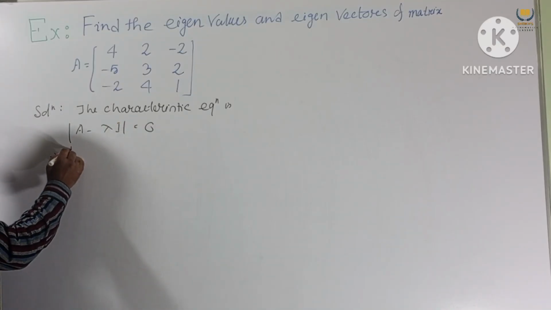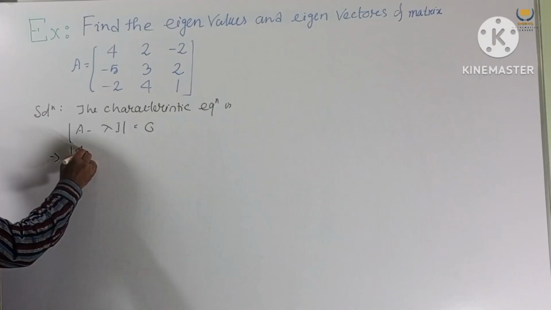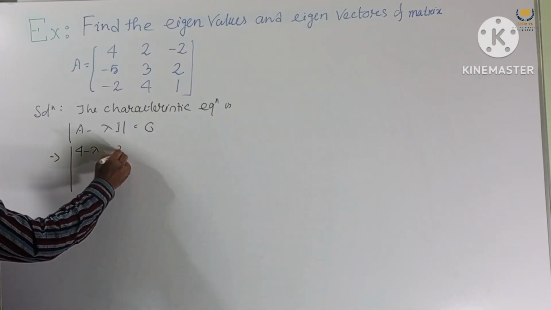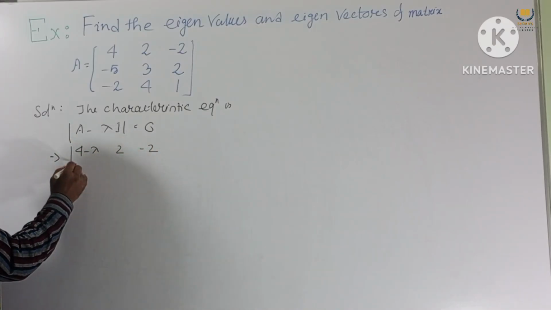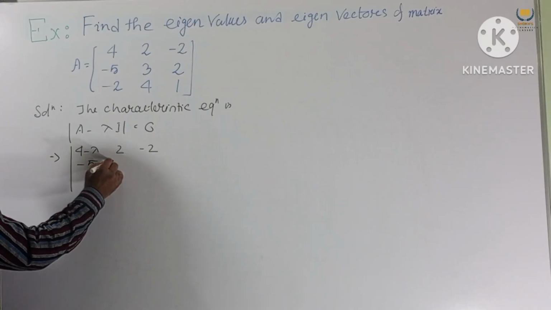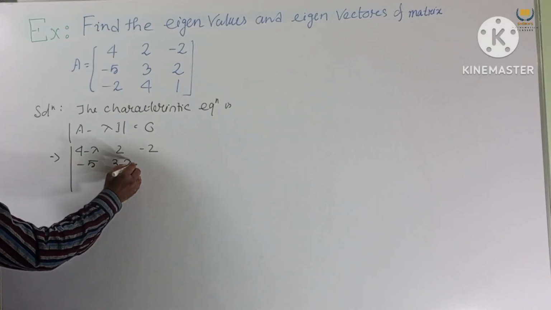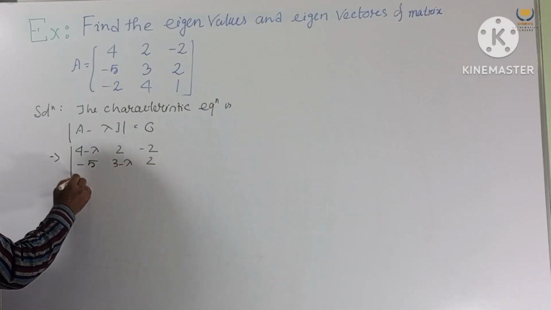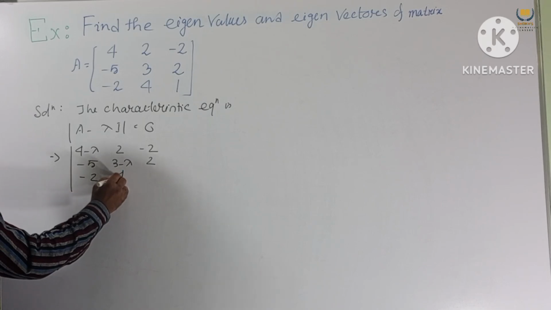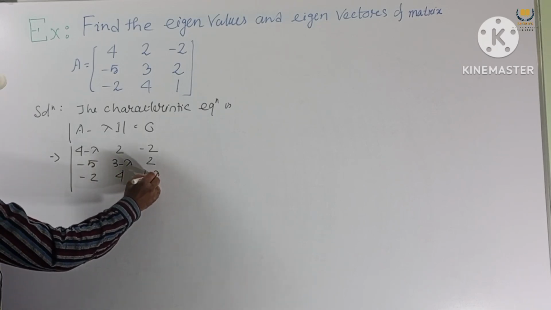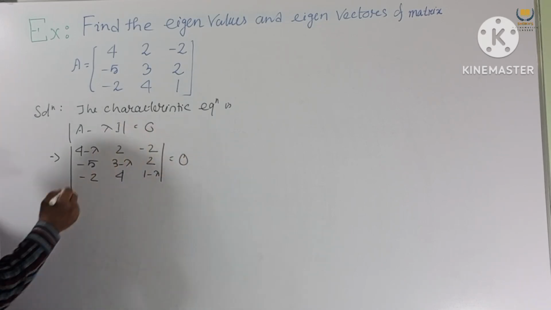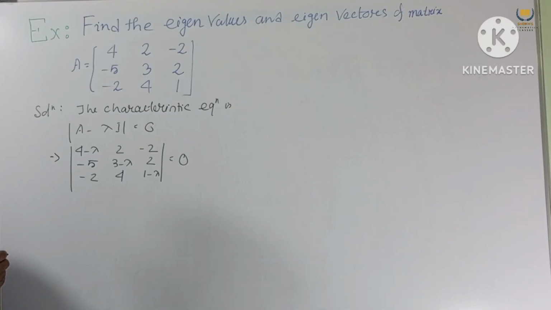So determinant of A minus lambda I means the matrix with rows (4 minus lambda, 2, minus 2), (minus 5, 3 minus lambda, 2), (minus 2, 4, 1 minus lambda), and this equals 0. This is the characteristic equation.